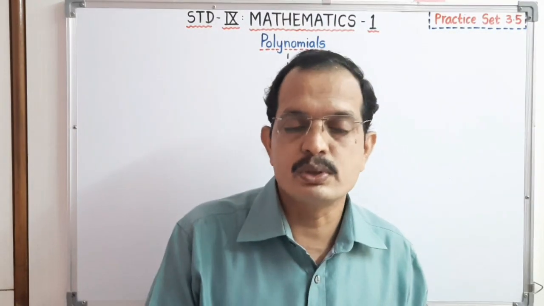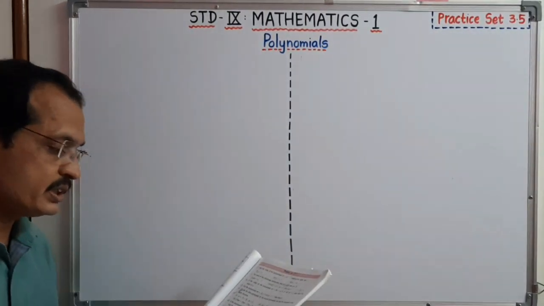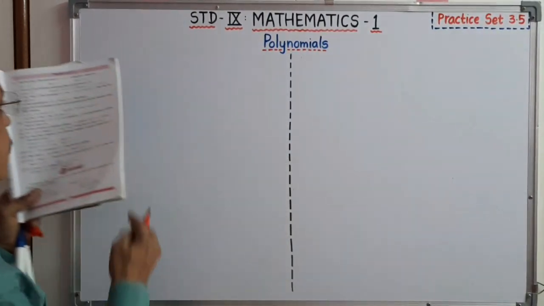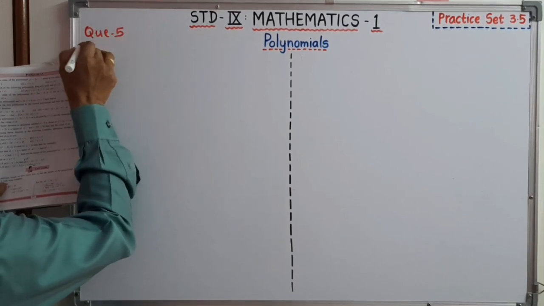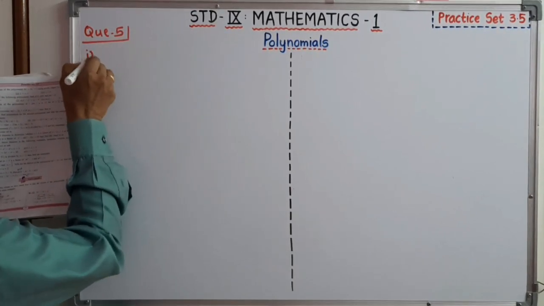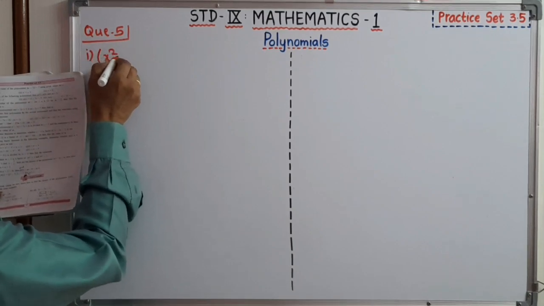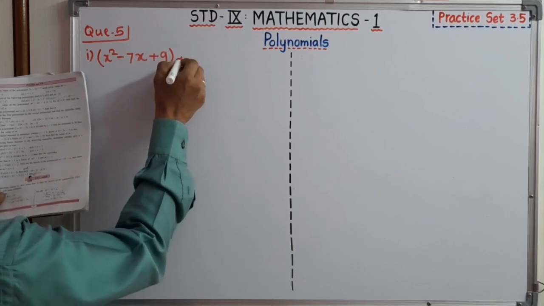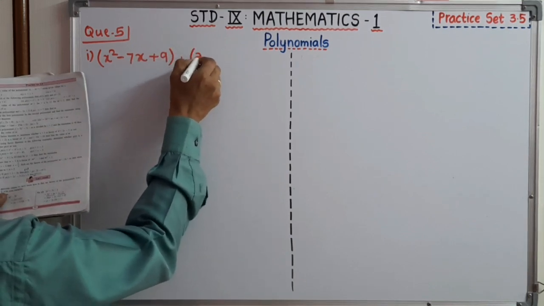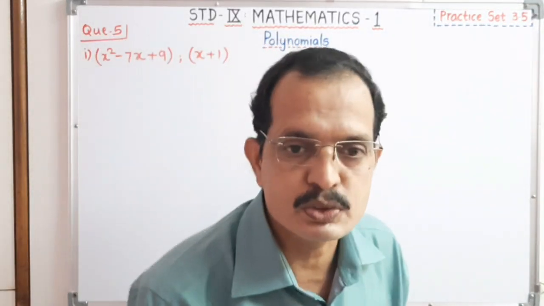Now see, divide the first polynomial by the second polynomial and find the remainder using remainder theorem. The first question is given in question number 5. The first one is x square minus 7x plus 9. This is the first polynomial, and the second polynomial is x plus 1.